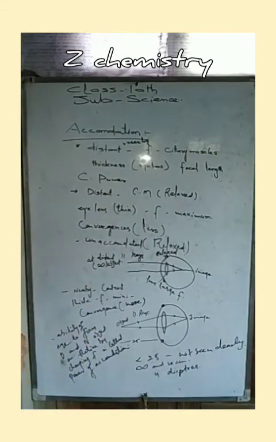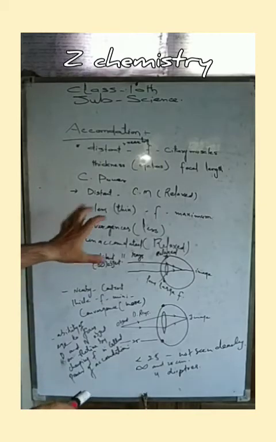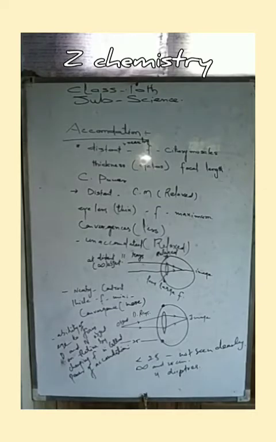Or we can state that when objects are at a distant point, the focal length of the eye lens increases, due to which the converging power of the eye lens is minimum.